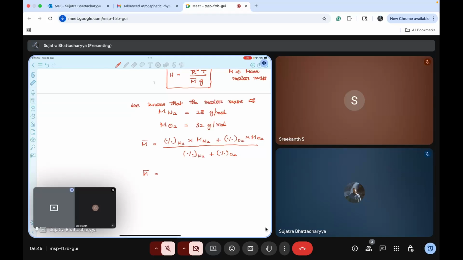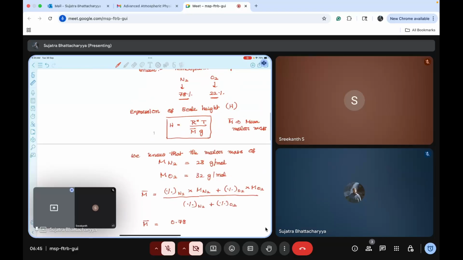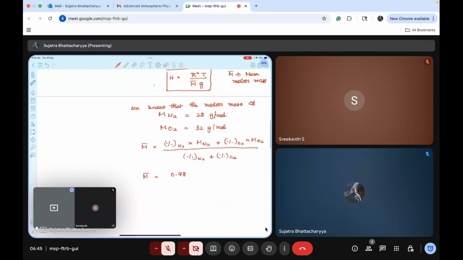Instead of going with the percent, let's go ahead with 0.78. This is how we can also write it, right? Because the nitrogen is given to be 78%, so 78 per 100, 0.78. So this into 28 plus, what about oxygen? 0.22, because 22%, into 32.